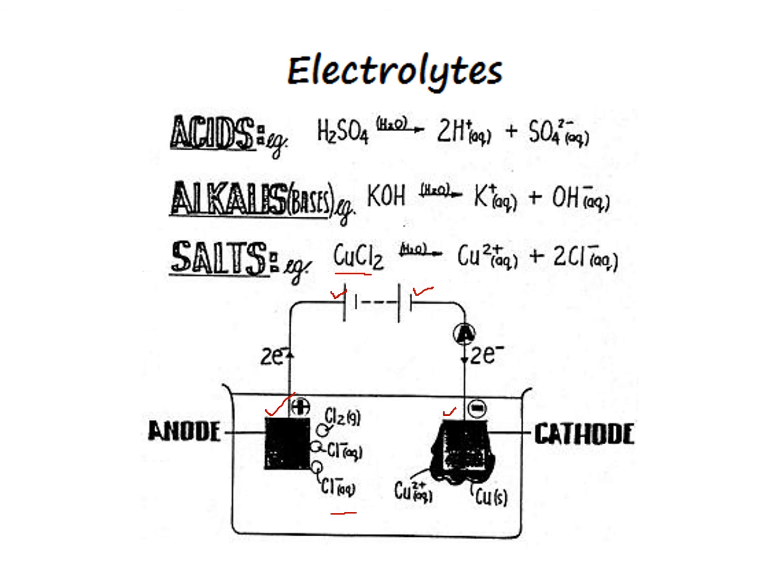The electrode connected to the positive side will be called the anode, and the electrode connected to the negative side will be called the cathode. You will also, in order to prove that it's an electrolyte, connect an ammeter into the circuit.